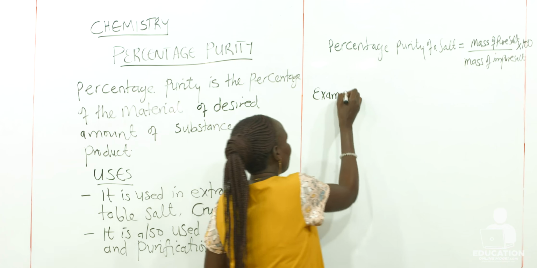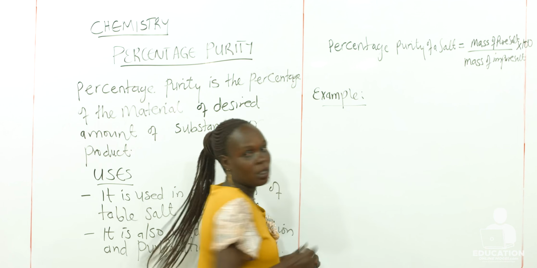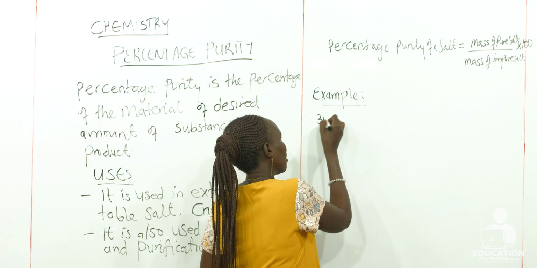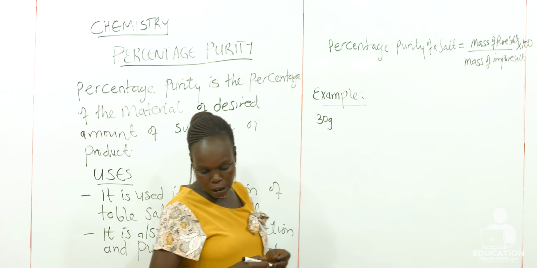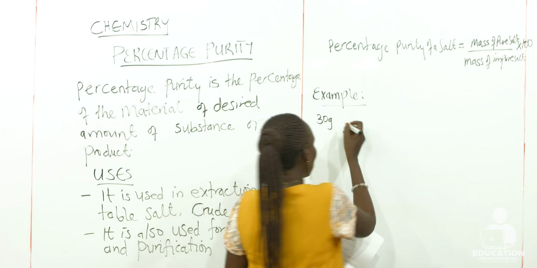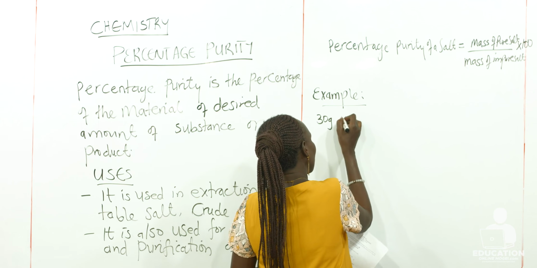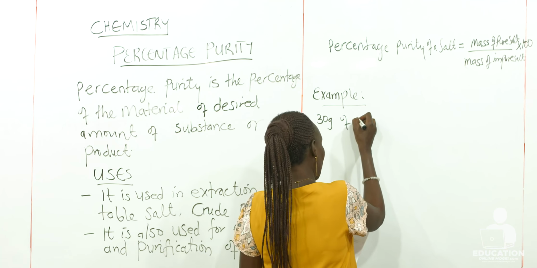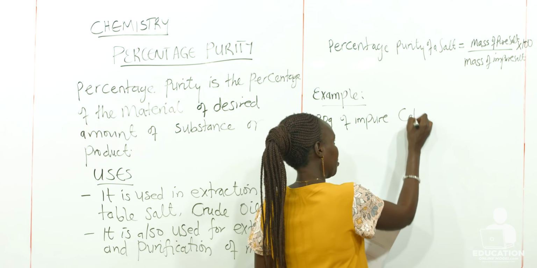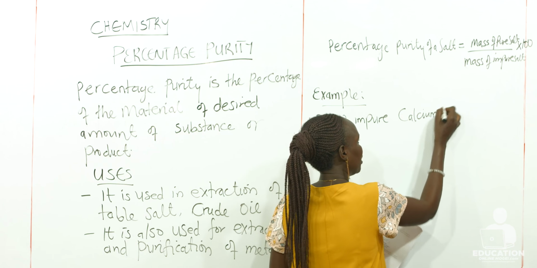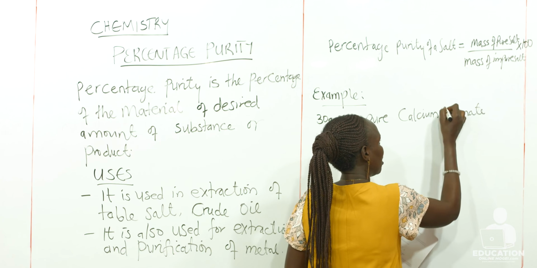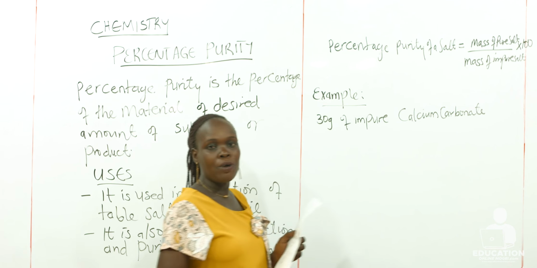Example: we have 30 grams of impure calcium carbonate.